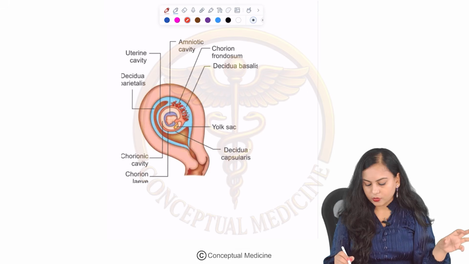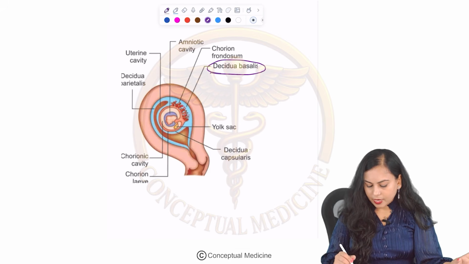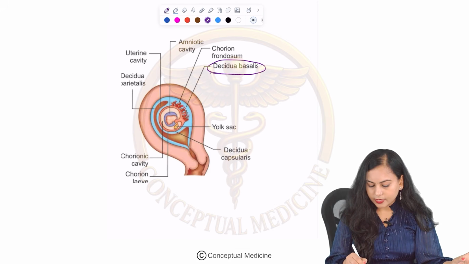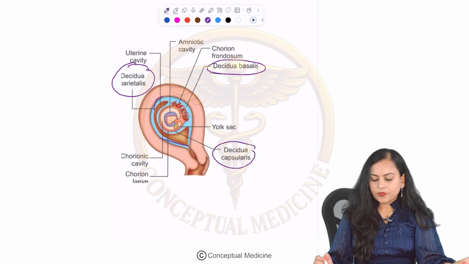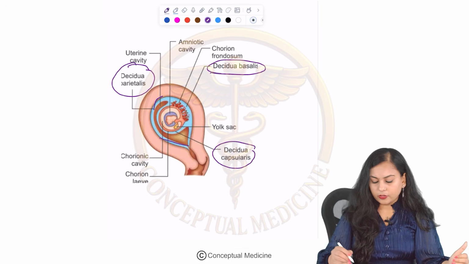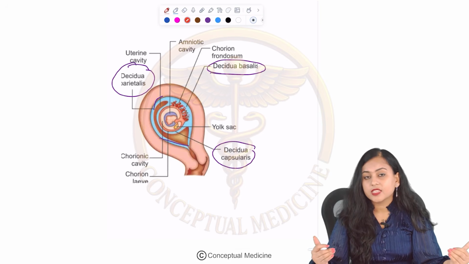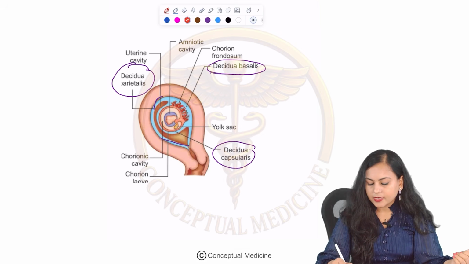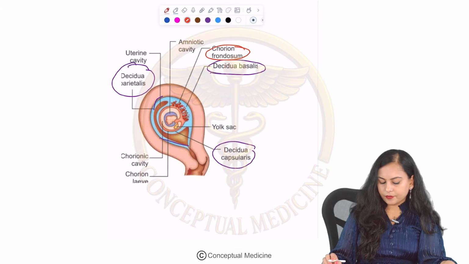The place where the embryo has attached itself is the decidua basalis, the part that is covering the embryo is the decidua capsularis, and the rest is the decidua parietalis. In the same way, chorion also has two layers. The chorion frondosum is in attachment with the decidua basalis, and the rest will be chorion laeve.